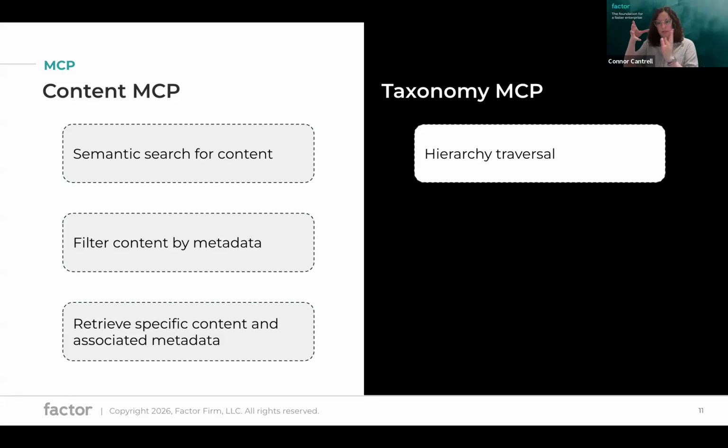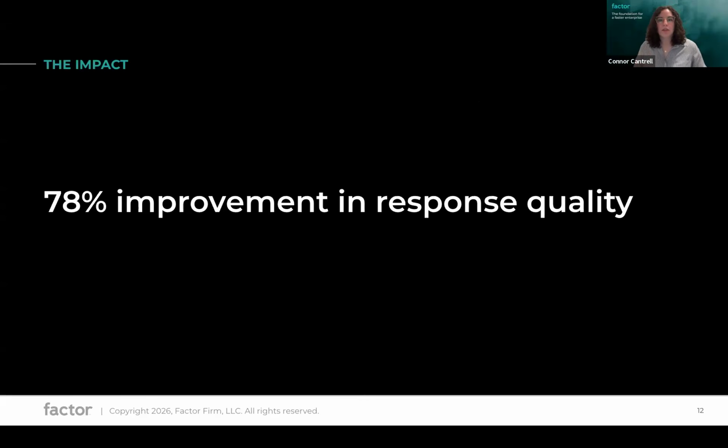Content is here and taxonomy is here, and they work together really closely, but they're ultimately separate teams with separate expertise. So the result of maintaining the MCP ecosystem this way and providing data through the taxonomy MCP is a 78% improvement in response quality, meaning a taxonomy-driven response was preferred 78% more often than the alternative across the rounds of testing performed by our engineering team.